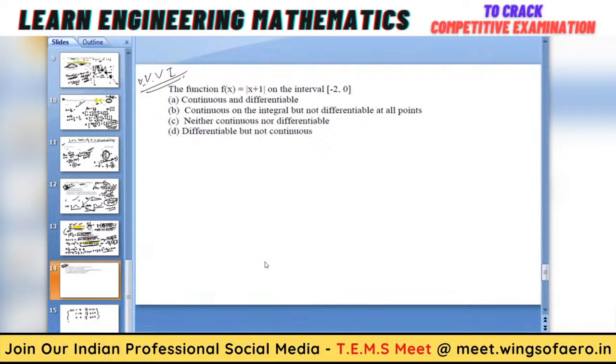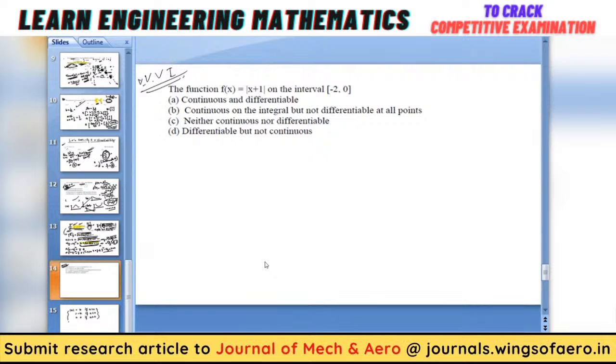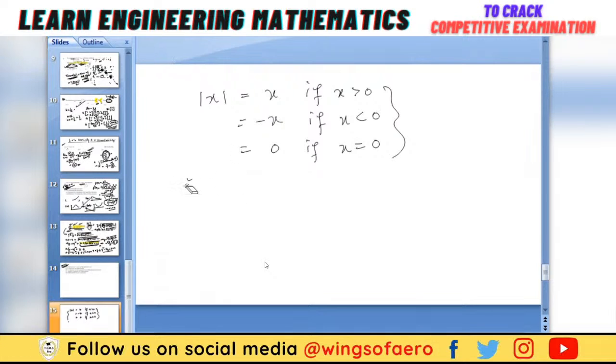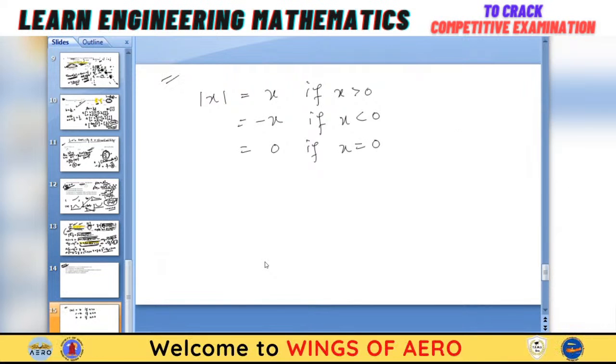Nobody is giving an answer, so I think I need to explain continuity and differentiability first. I'm explaining continuity and differentiability with the mod x function first, and I'm starting with an example.